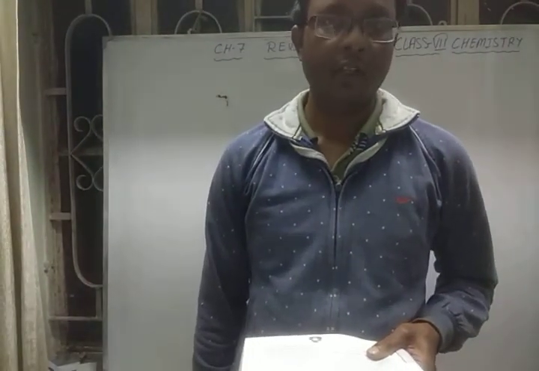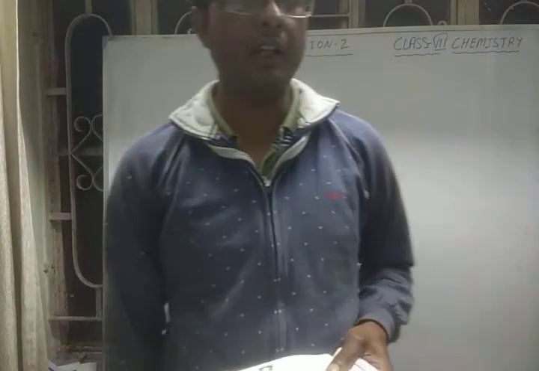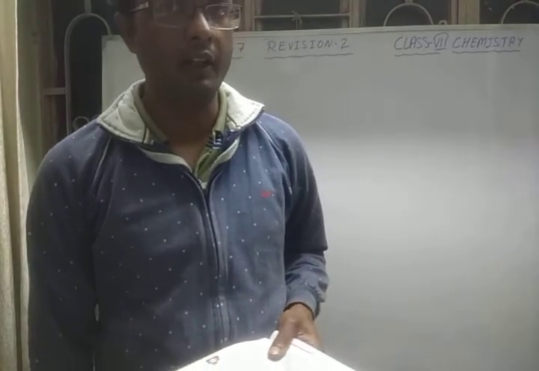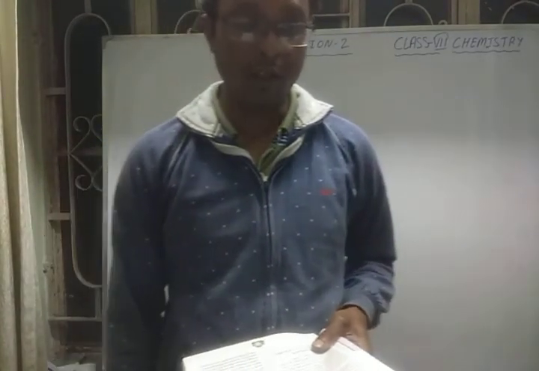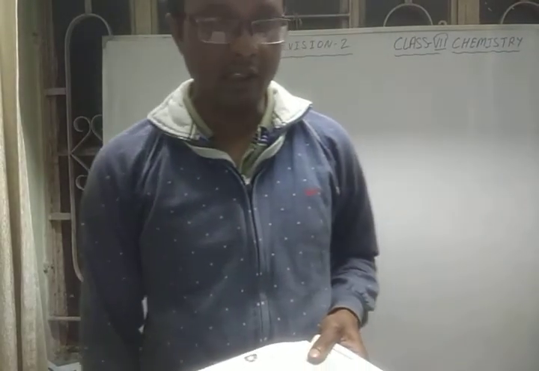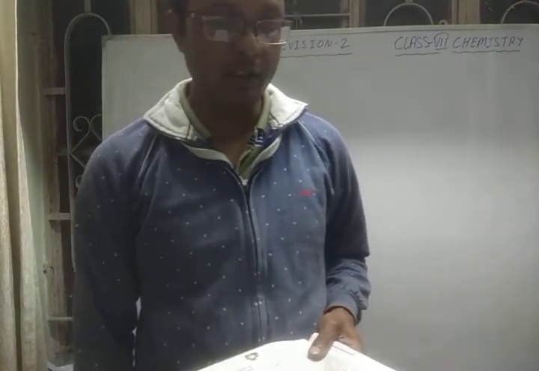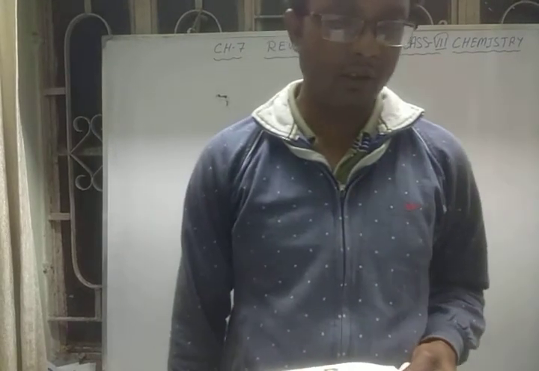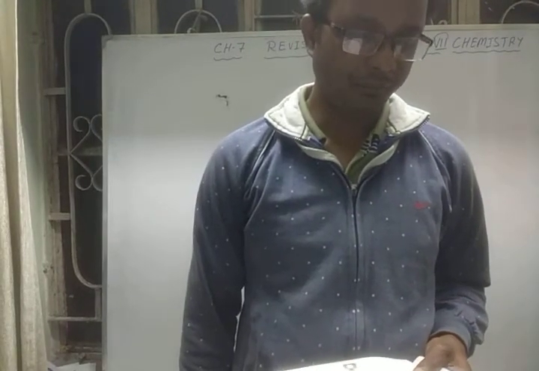The gases which mix with the air and pollute it are called air pollutants. What are air pollutants? Mainly gases like sulfur dioxide, hydrogen sulfide, carbon monoxide, oxides of nitrogen, etc.